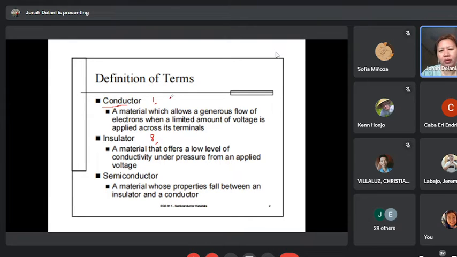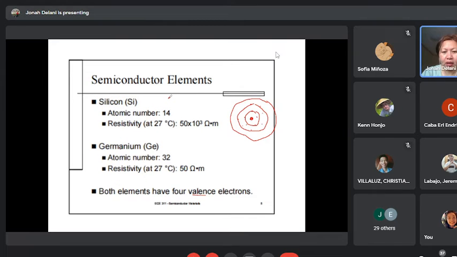So a very good conductor has one valence electron, and an insulator would have 8 valence electrons. A semiconductor, which falls between a conductor and an insulator, has 4 valence electrons. So both silicon and germanium have 4 valence electrons. This is one property of a semiconductor.